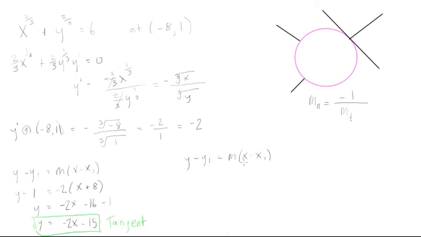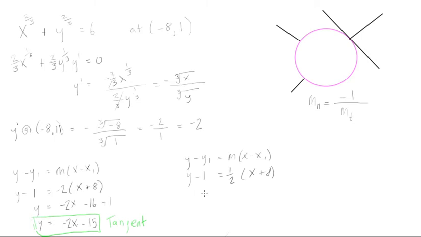Now we're going to use the same points, so we'll have y minus 1 is equal to m times x plus 8. And now the negative reciprocal of -2 is just going to be positive 1/2, right?